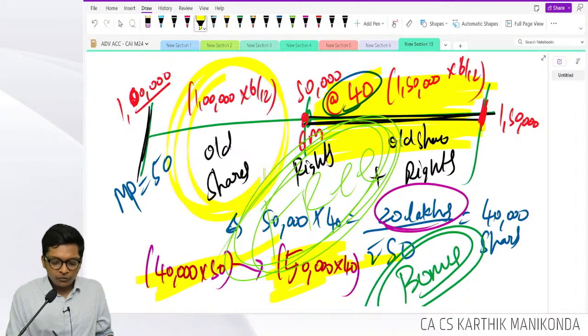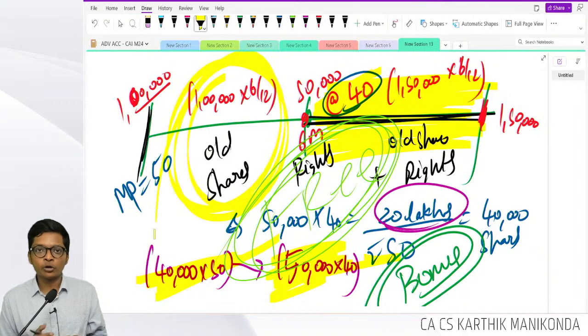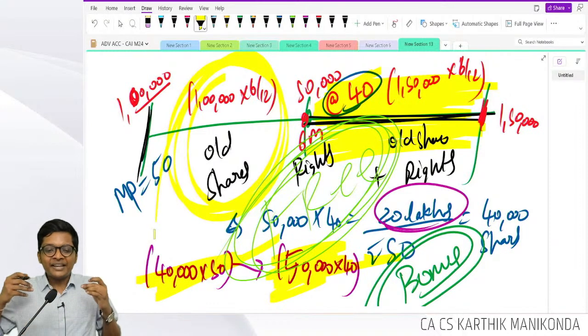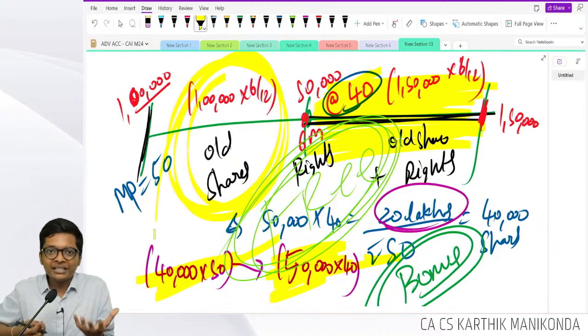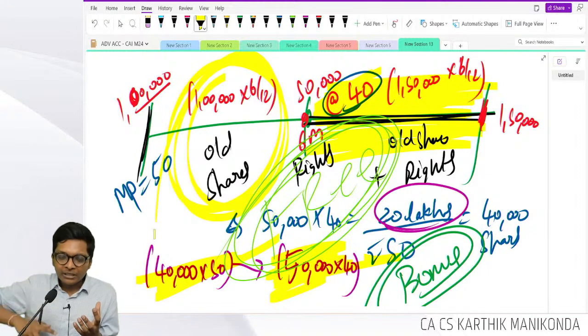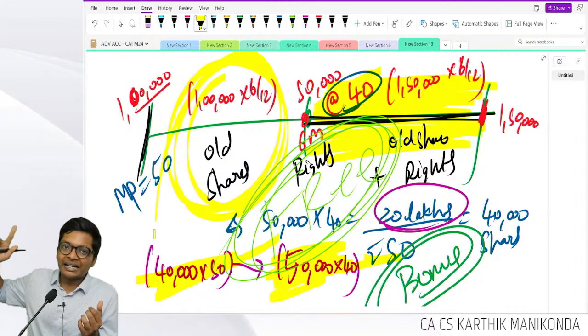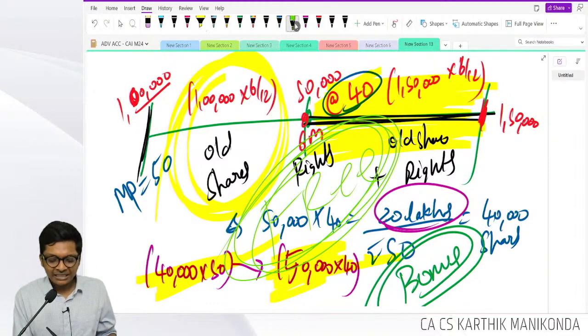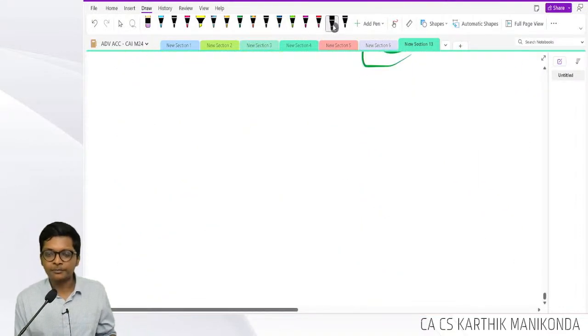The first half of the year doesn't include bonus. And in EPS, whenever a company makes a bonus issue, account as if the bonus issue is made at the beginning of the reporting period. So what you have to do is assume as if that bonus is there from the beginning of the year. So our steps are very simple.